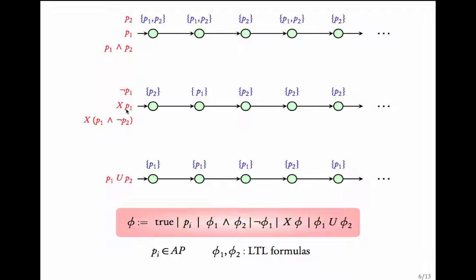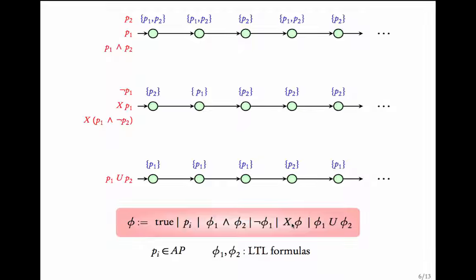This X allows to go one step ahead. So X and U are called temporal operators, and since we are working with words, it takes the name linear temporal logic. So this is the syntax, in the sense, using this grammar, you can form LTL formulas.